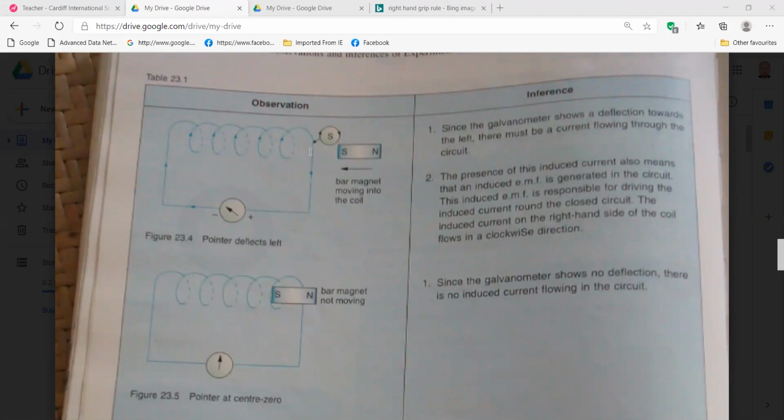Then when we are taking it away, we are getting the current in the opposite direction, right? So here we are also getting the basics of AC, alternating current, isn't it? Because you are moving the magnet forward and backward, you are getting alternating current. Are you clear how alternating current is produced?